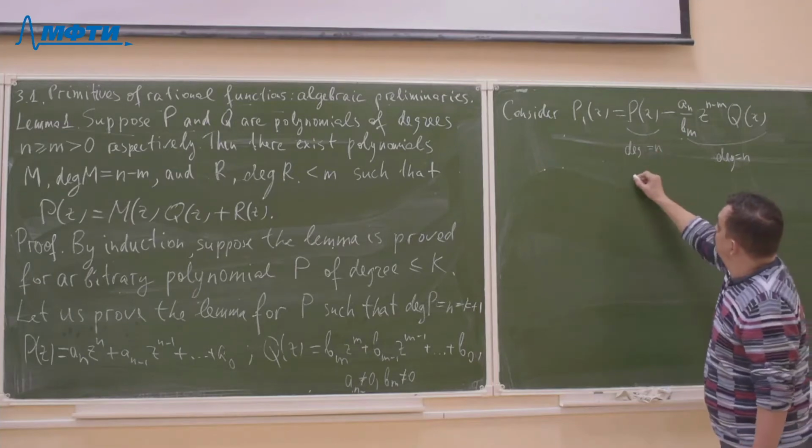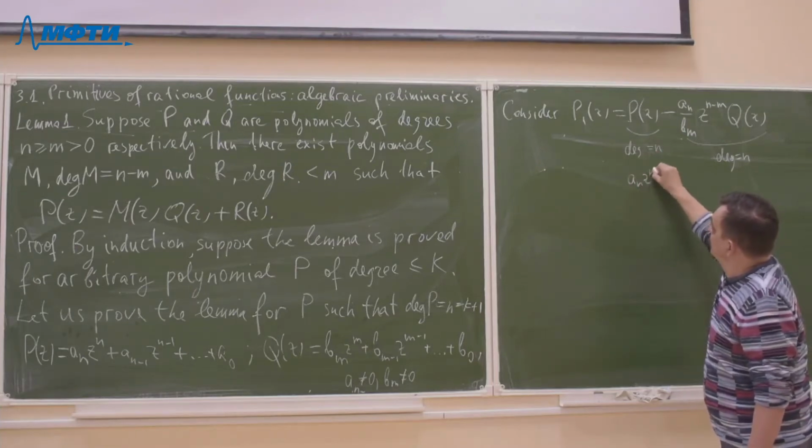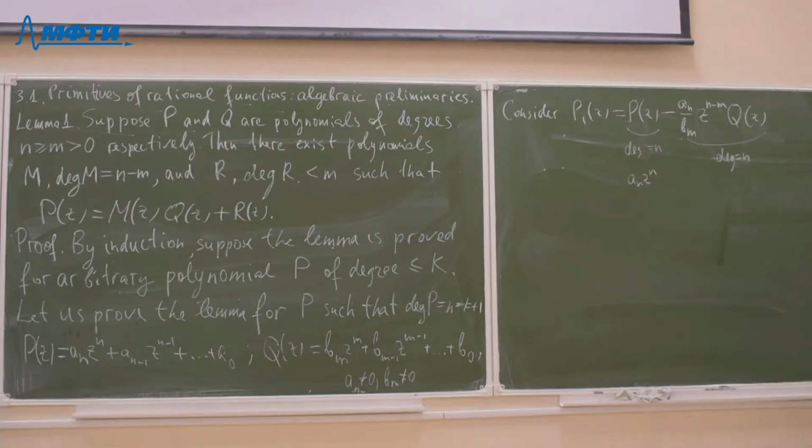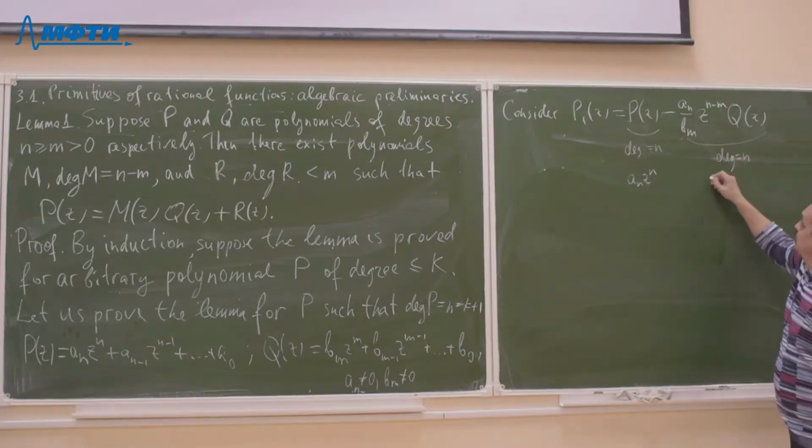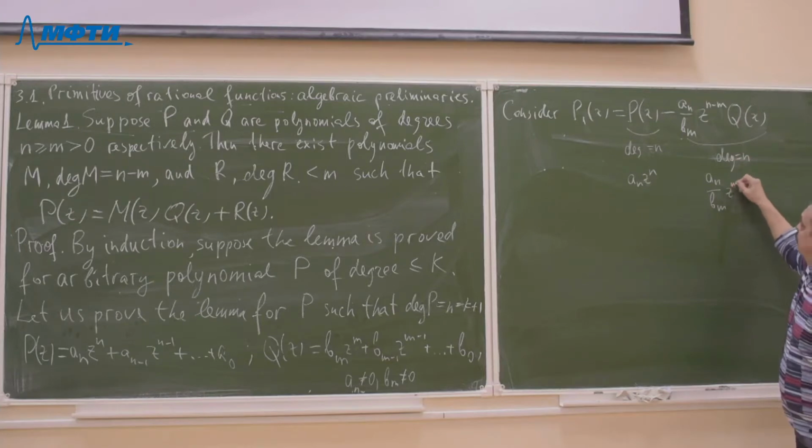Here this is a n z power n. What about that one? A n over b m z power n minus m times b m z to the power m. So what happens?